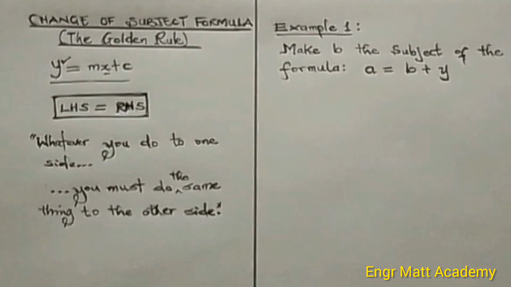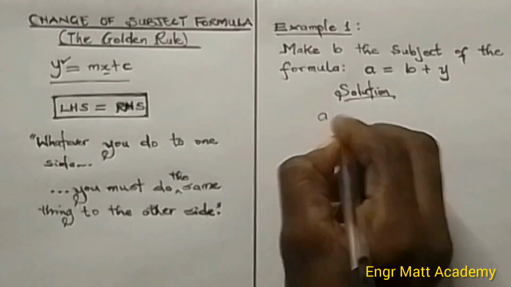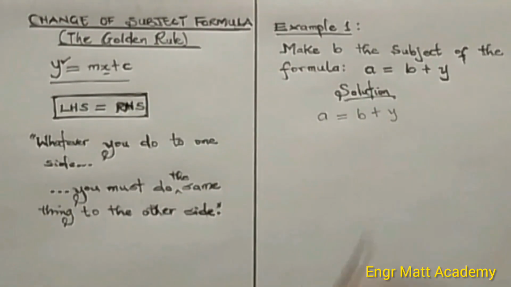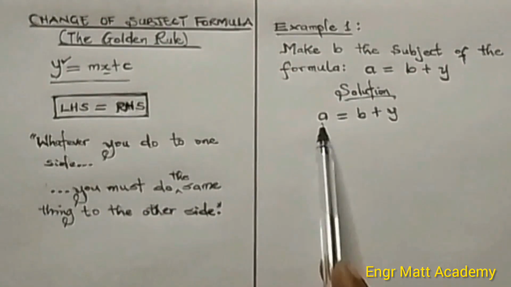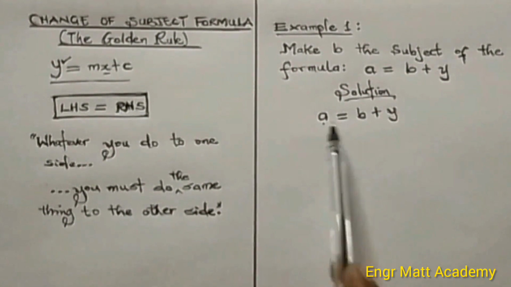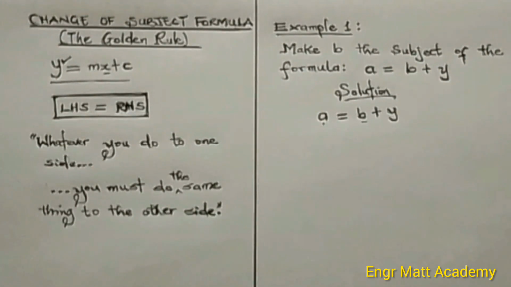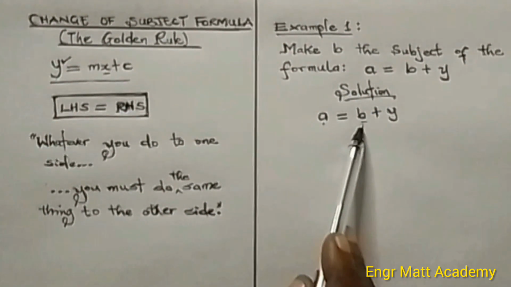Make B the subject of the formula A equals B plus Y. The formula is A equal to B plus Y. Right now, A is the subject of the formula, but we want to make B the subject. Before you do anything, ask yourself, what is happening to B?